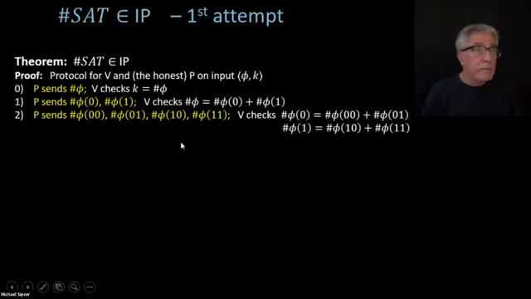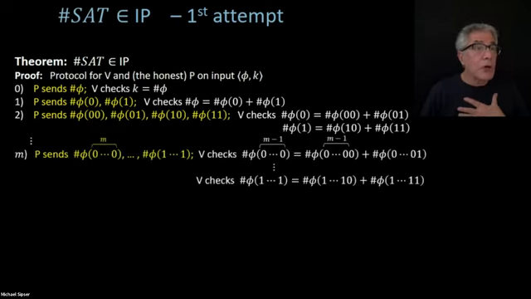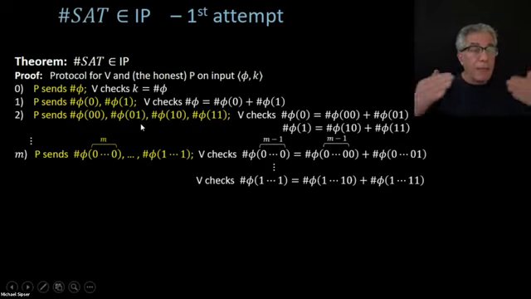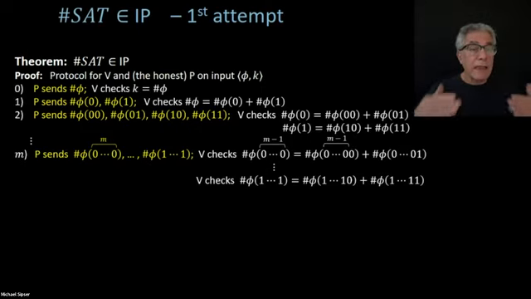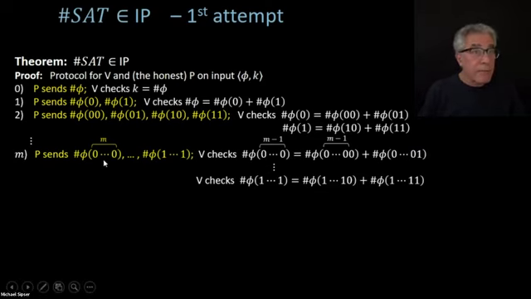Now the verifier says, well, I still need to be convinced, I don't trust you. I need to be convinced that these values are correct. So level by level, the prover is going to be setting more and more of the variables in all the possible ways until it gets down to the very bottom where it's setting all the variables in all possible ways. So exponentially many settings here.